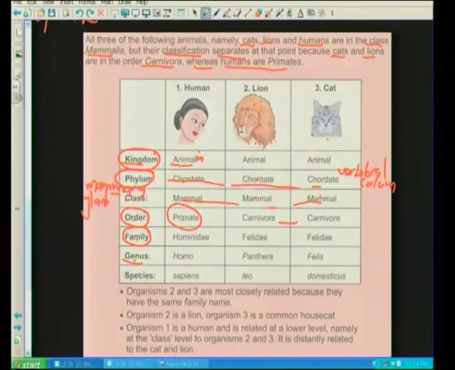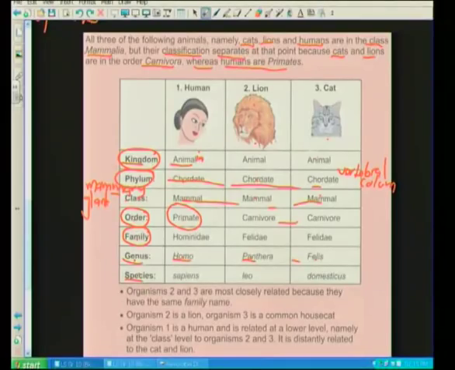So we stand upright, and therefore we are hominids. Whereas the cats and lions are quadrupedal, they walk on all four, and therefore they belong to Felidae, and they have cat-like features. Therefore, if the family name is the same, they are closely related. But if the family name differs between two organisms, then they are not closely related. Let's look at genus. Humans belong to the genus Homo, lion Panthera, and cat Felis.